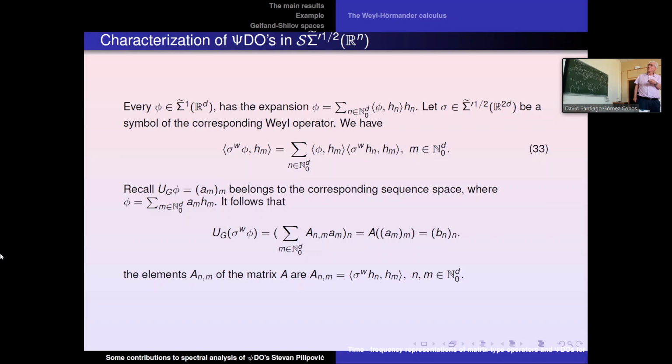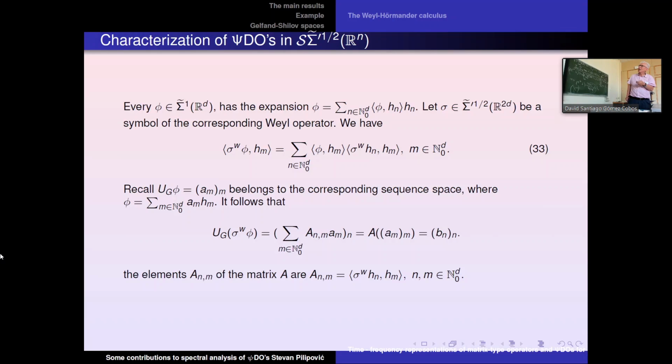So if I take phi, sorry, this is 1 prime, or 1, I don't see. So if I have phi in that space, phi should be in 1/2.